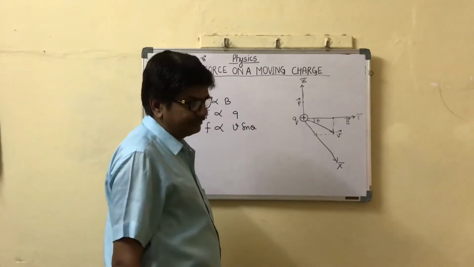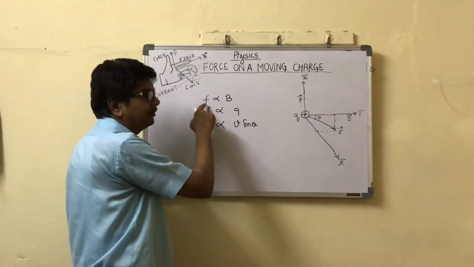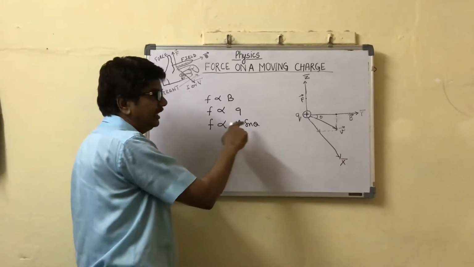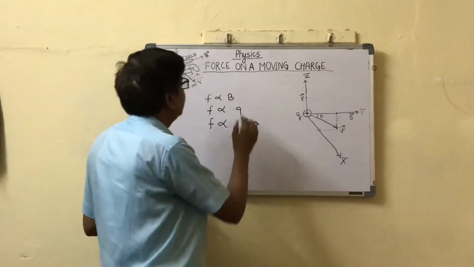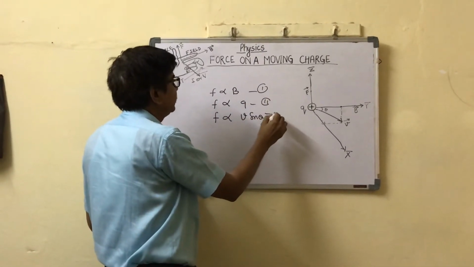So the magnetic force depends on the magnetic field, the charge, and the component V sin theta.